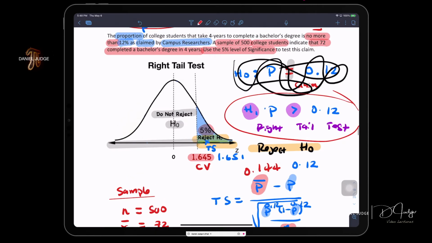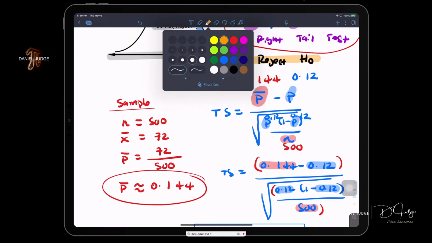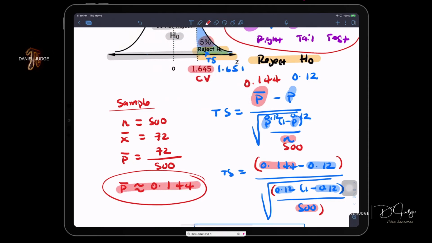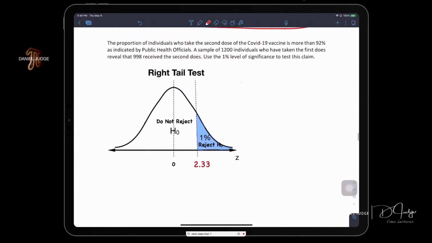So that's what this all means, ladies and gentlemen, those details. The sample does not support the claim. This sample is suggesting that the proportion is actually greater than 12%. And that makes some sense because you had a sample proportion of 14%, right? Anyway, pretty good example. I love it.